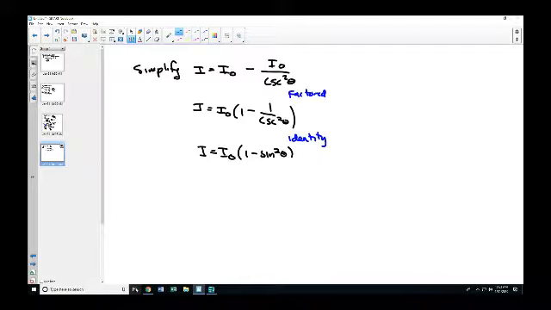Sine squared x plus cosine squared x equals 1.